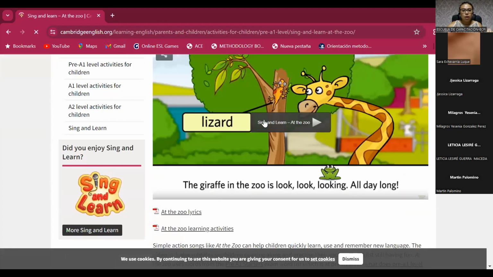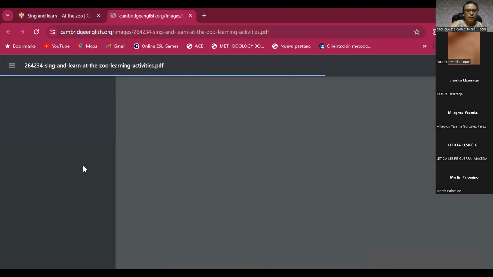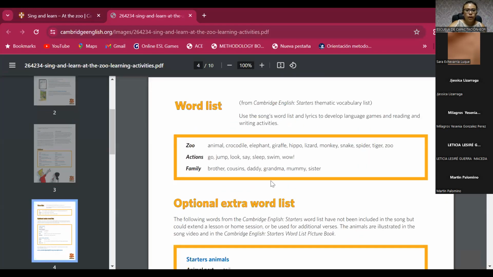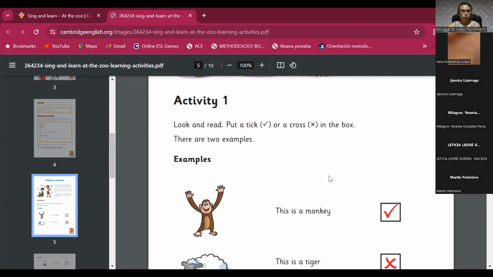And I like this because you have the song and also, I'm going to open this, you have the activities. And pay attention to this. Here it says children's activities. Activity 1, for example. First you have to listen or watch the video and then it says, look and read. Put a tick or a cross in the box.